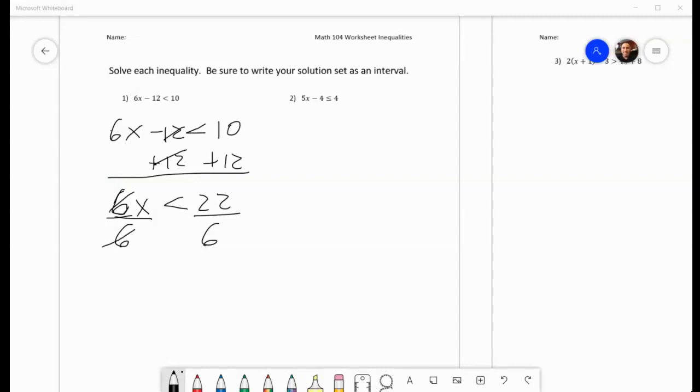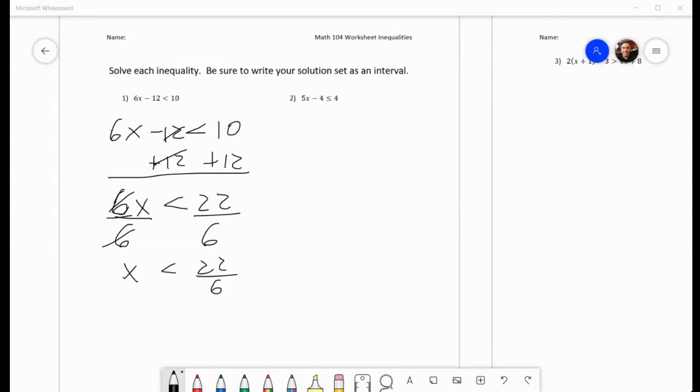So the 6's cancel, and so we're left with x less than 22 over 6, as you can see. Good. So from here we can get our solution set.